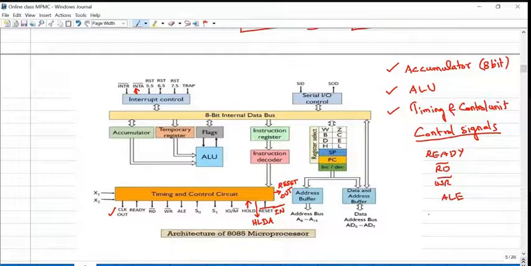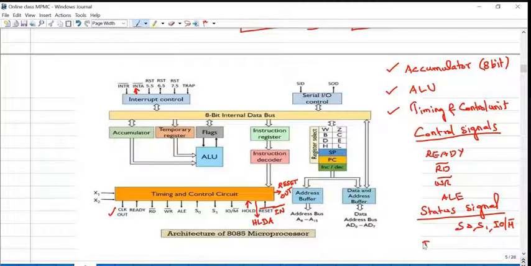And some status signals, that is S0, S1, and IO or memory operation status signals. And DMA signals, for the direct memory access controller.